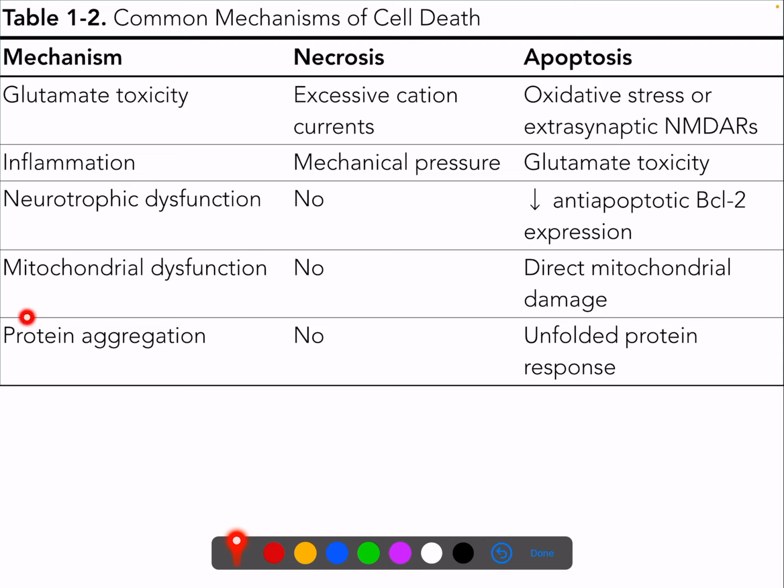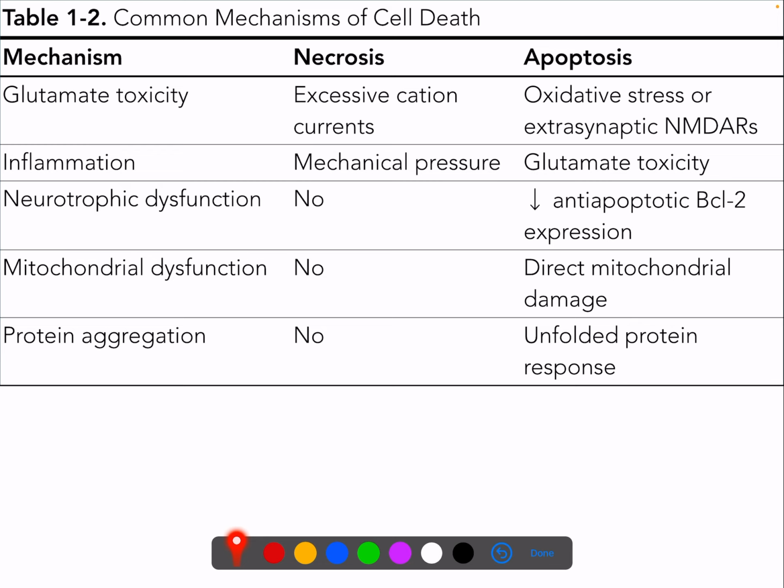Protein aggregation disorders impair our ability to make proteins and trigger what we call the unfolded protein response. This is a long way of saying apoptosis. It's the same thing. So if a cell can't fold its proteins properly, it can't do anything properly because proteins do everything in life. And therefore, the logic built into a cell is if I see a lot of unfolded proteins, my response should be apoptosis.